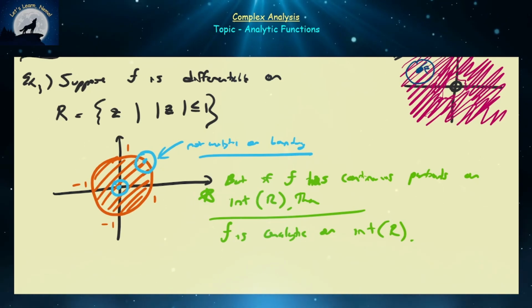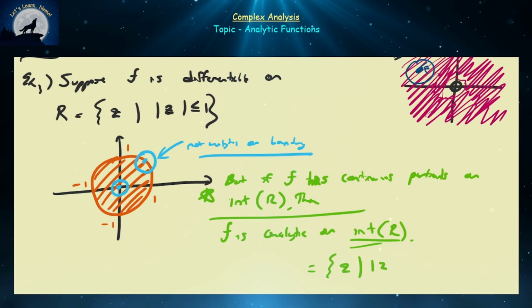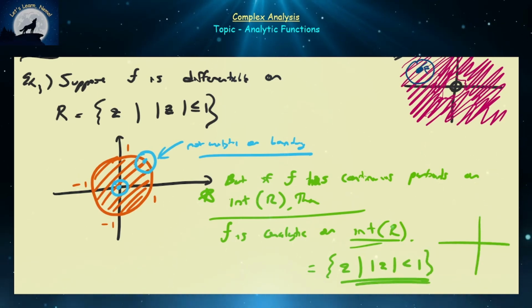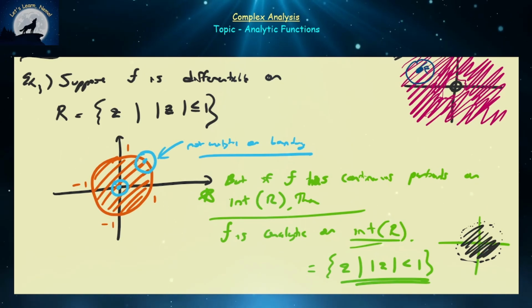So that much we can say. And what is the interior? Well, that's the set of all z such that the absolute value of z is strictly less than 1, which is the same exact set, the only difference being that you don't have the boundary. So that means it's going to be analytic everywhere on the interior of that circle.